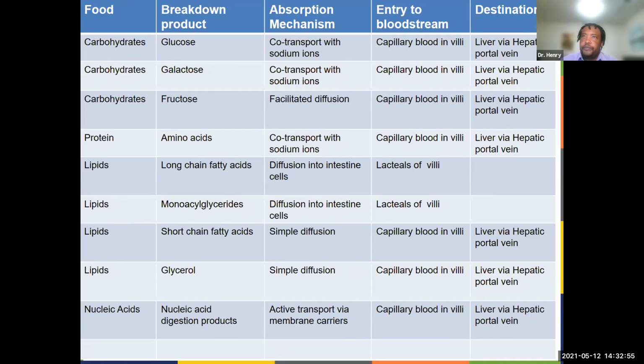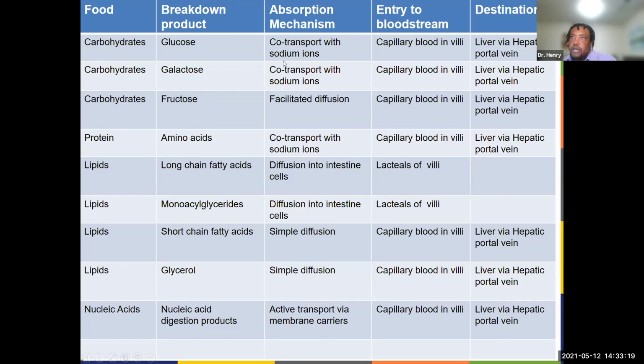Okay. So this is just a table that shows you the breakdown and what is happening under each of the different circumstances. The carbohydrates are going to be broken down. So you have products that you're going to make: glucose, lactose, fructose. Is that a typo?